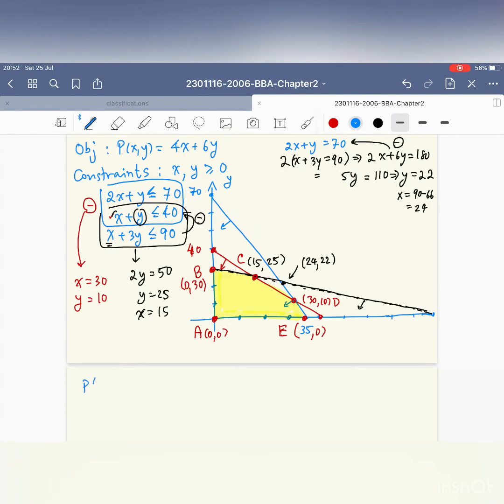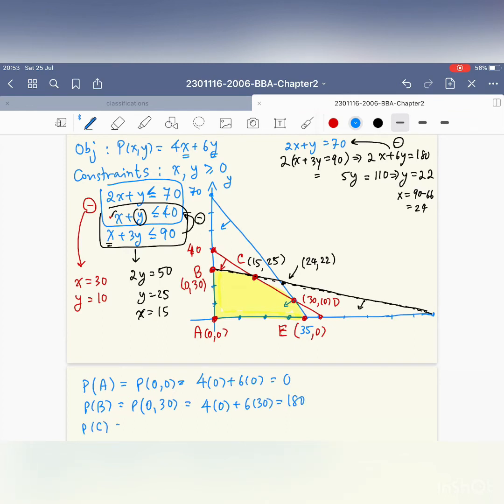For example, your P is this one, so your P at A, P at 0, 0, is 0, of course, or you can say that it is 4 times 0, 6 times 0. Your P at B, it is P at 0 and 30, so it is 4 times 0, 6 times 30, so you got 180.